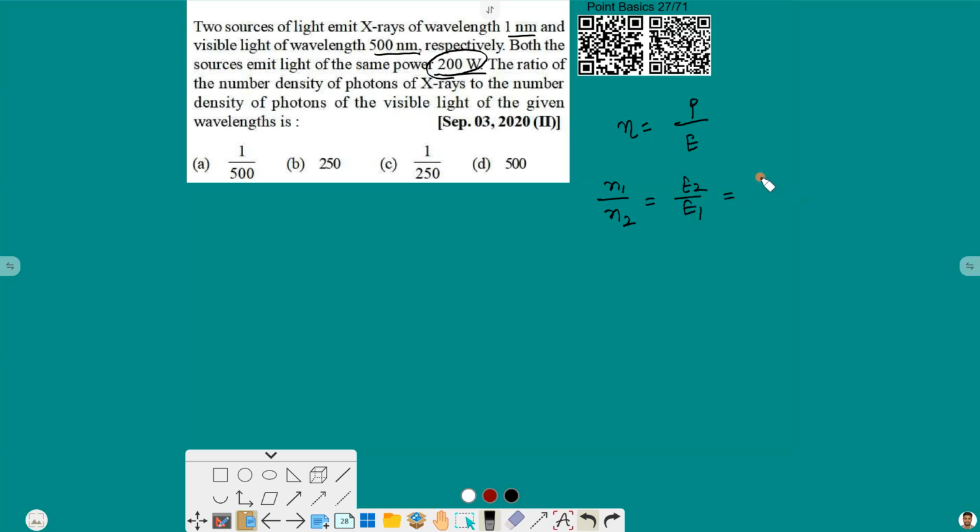Now energy E is h times frequency, and that is hc by lambda. So E is proportional to 1 by lambda. So h gets cancelled, and I can directly write that it will be lambda 2 by lambda 1. Now lambda 1 is 1 nanometer, and both are in nanometer, so nanometer is also cancelled. So this will be 1 by 500. That is option A for us.